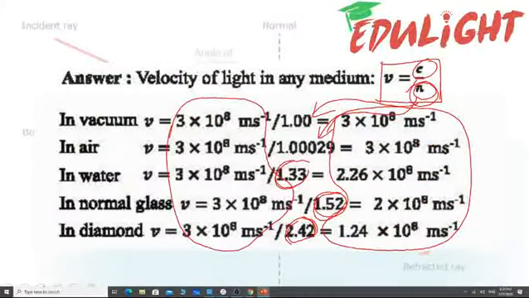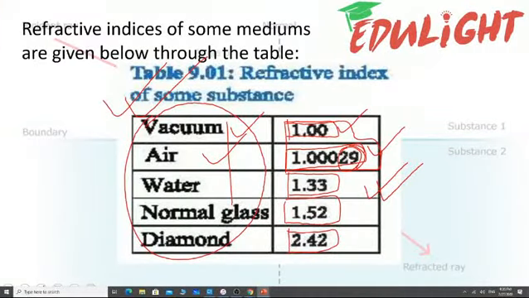Let me go through this table. This table will give you a better understanding of the statement I made previously: as air is denser than vacuum, it has greater refractive index than vacuum. As water is much denser than air, water has a much greater refractive index than air, and it goes on so.